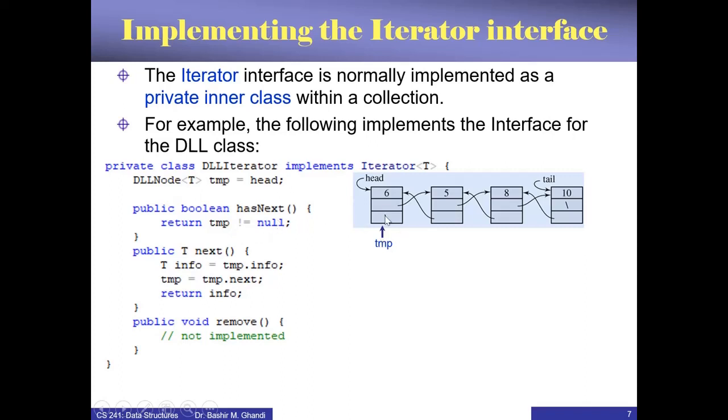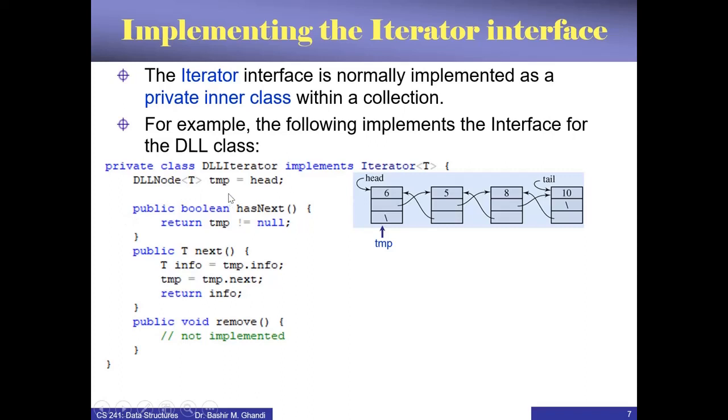Right now temp is not null. If it comes here, it is not null. If it reaches here, it's still not null. Reaches here, it is still not null. But after that, if you move it to the next, it will be null. So hasNext will be implemented by simply checking the condition of temp. If it is not null, return true. If it is null, return false. This is the idea.